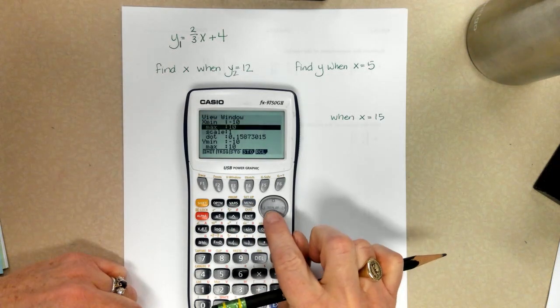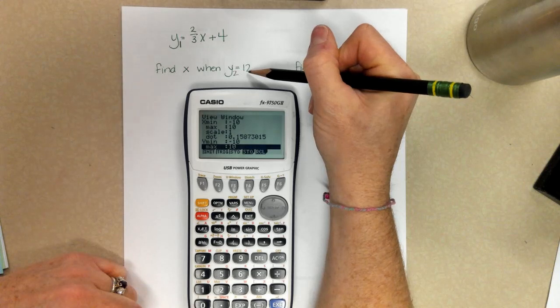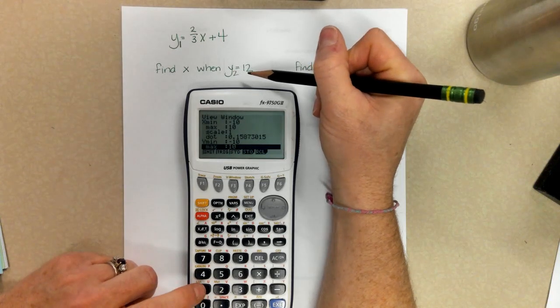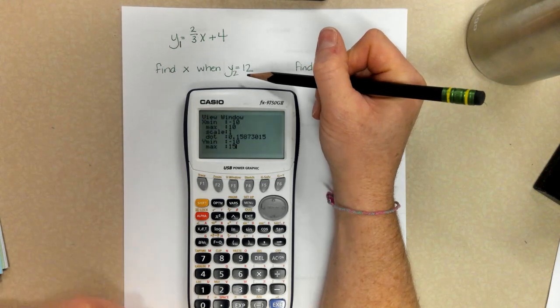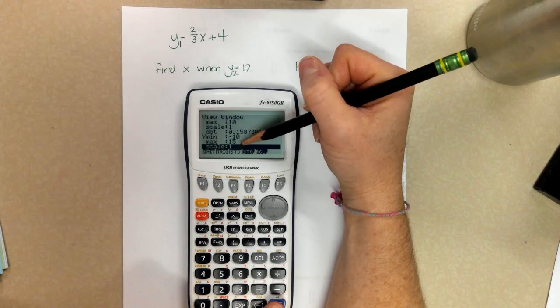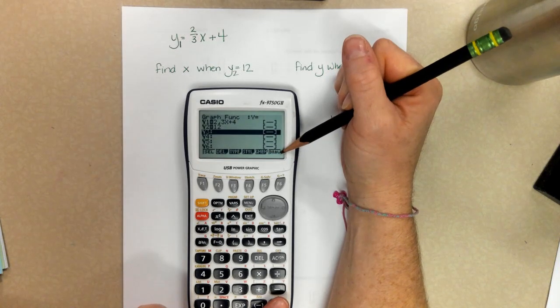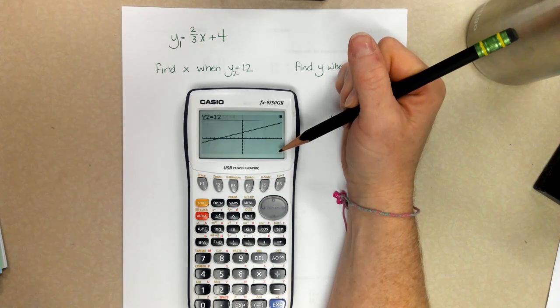So I need to arrow down here to that y value that's stopping at 10, and I need it to go to 15 or 20 instead. I'll say 15. Once you change it, you press EXE to store it, and then EXE to get back to the drawing screen, so you can press F3.